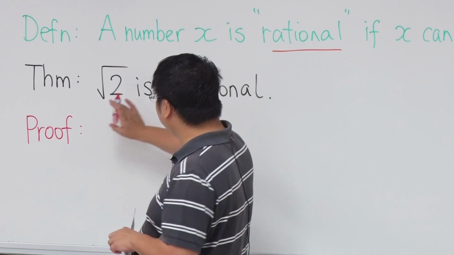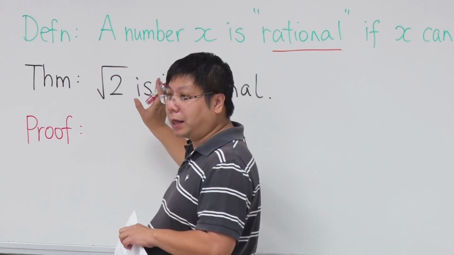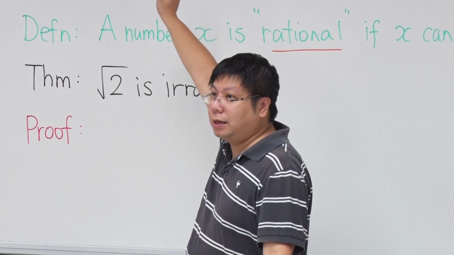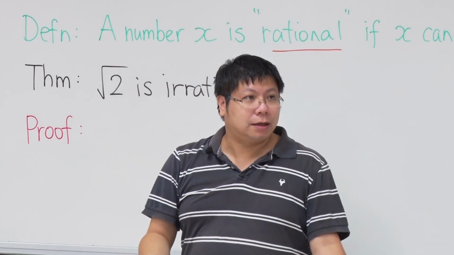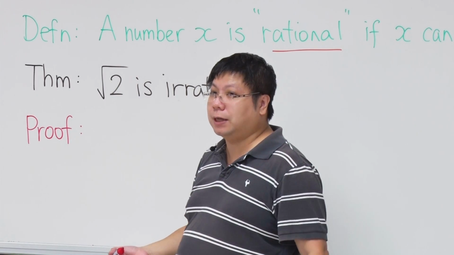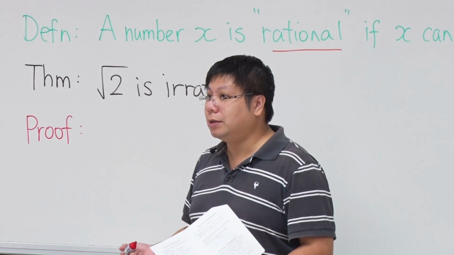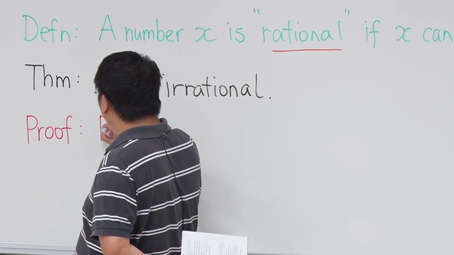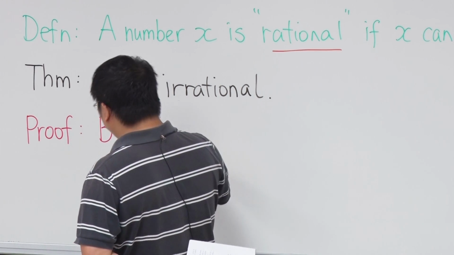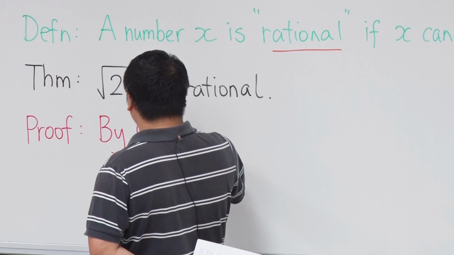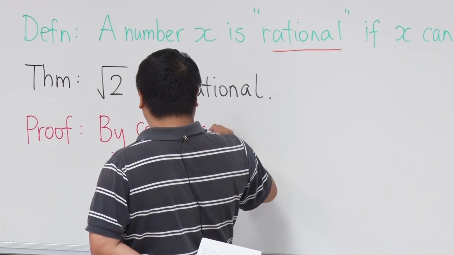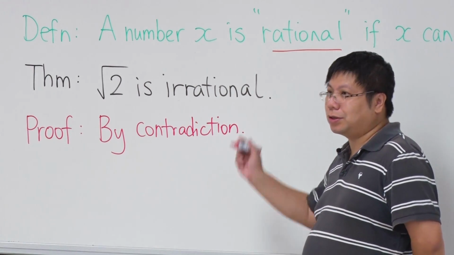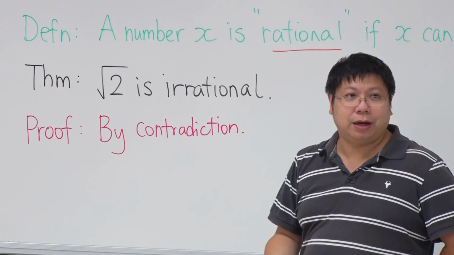In order to show this is correct, what we are going to do is assume not p, and then hope to get a contradiction, something that is always false in the end as the conclusion. Then we prove this. So perhaps we can write down something like this. For the proof strategy, we write down that it is by contradiction, so that people know you are going to use contradiction and won't get lost.